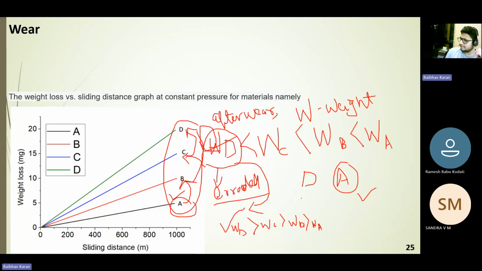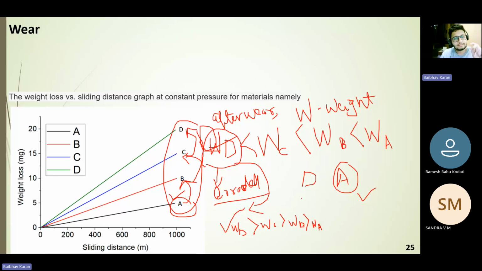Okay, A, B, C, D have the same grain size. Just tell me one thing: what does wear depend on? As I told you, wear depends on weight loss, how much material is being lost from the sample. So weight loss in turn depends on what? The strength or hardness of the material. Forget about everything else, just focus on hardness.